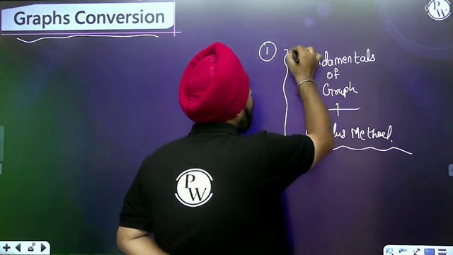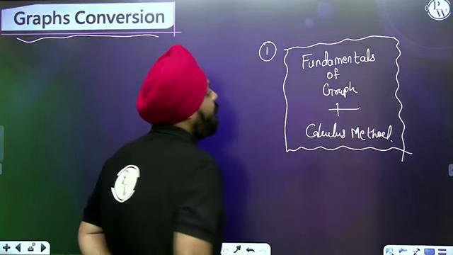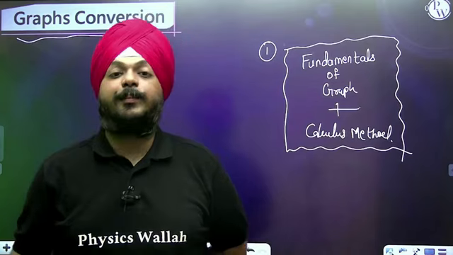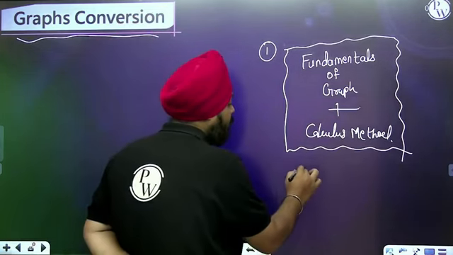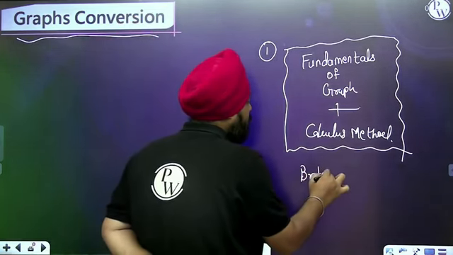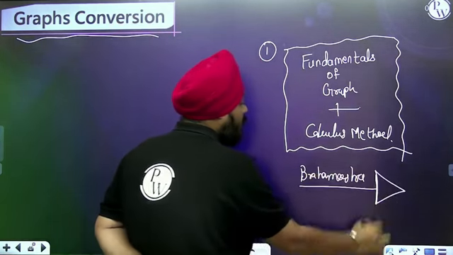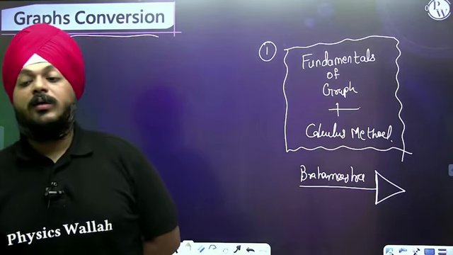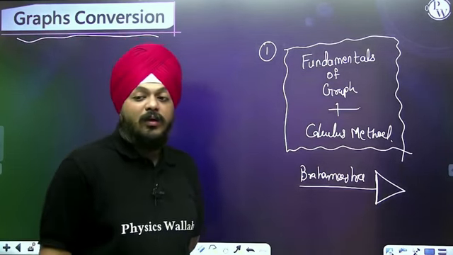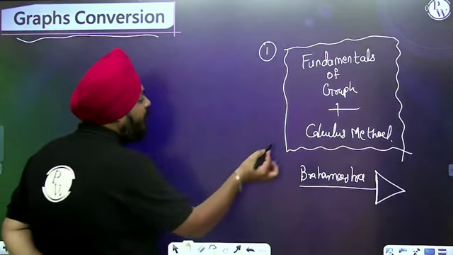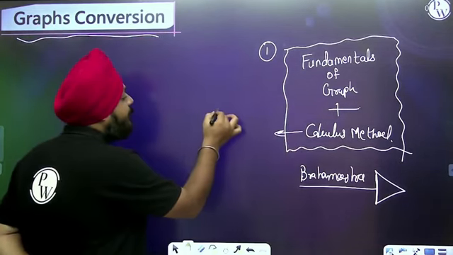Fundamentals of the graph plus calculus method. This is the Brahmastra of the graph. How? In the calculus method, we are having only three simple formulas.